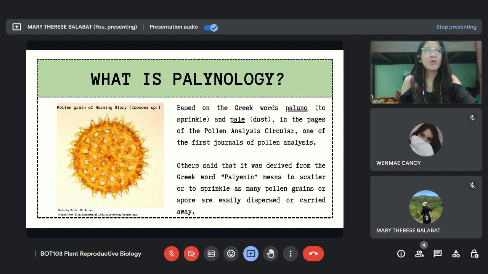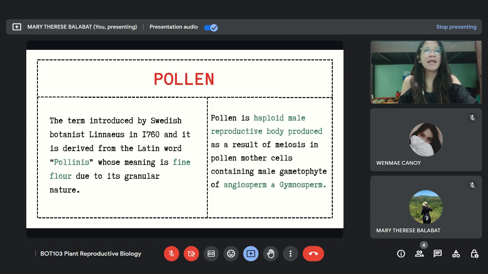Pollen is the haploid male reproductive body produced as a result of meiosis in the pollen mother cells, containing the male gametophytes of angiosperms and gymnosperms. In other words, it is an immature endosporic male gametophyte derived from the male spores or microspores in seed plants.